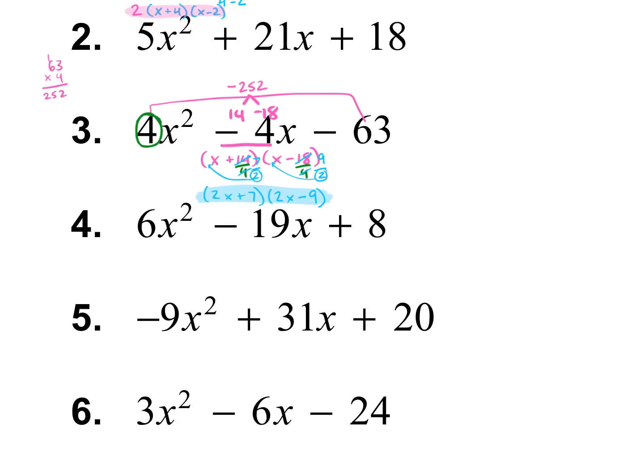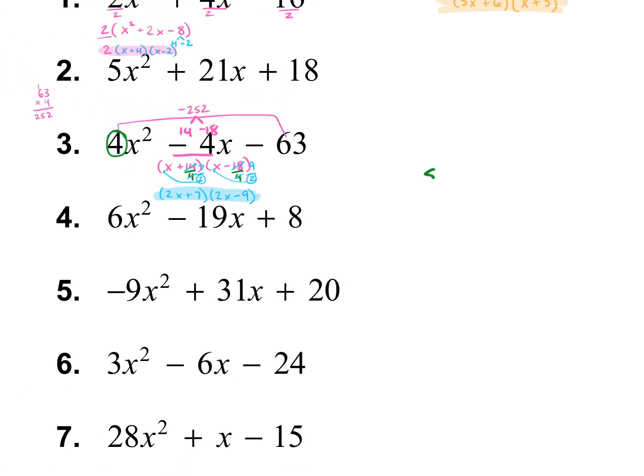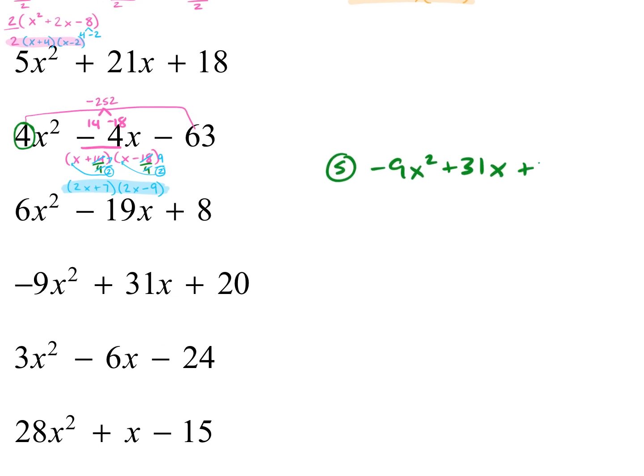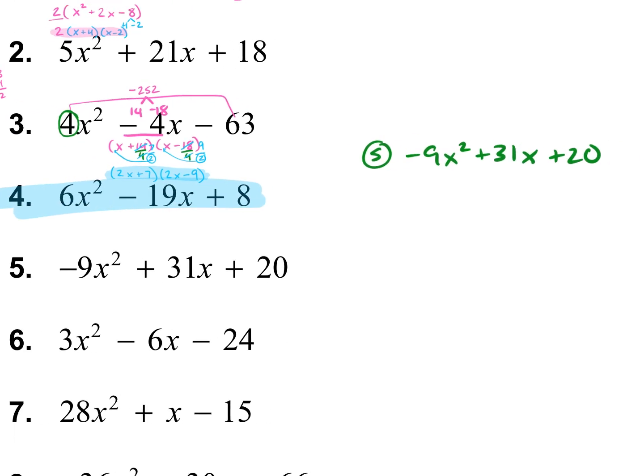All right, let's do number 5. So for number 5, we have negative 9x squared plus 31x plus 20. You guys have to do number 4 on your own. Let's do number 5.